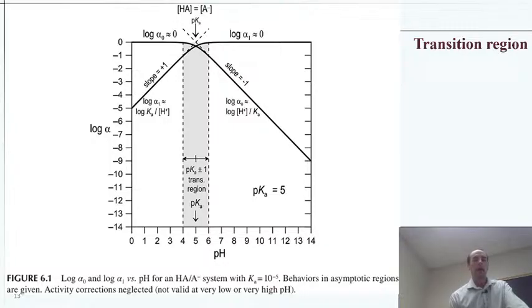So here's where we have the slope. It's 1 times log of H plus divided by some factor, or 1 times log of Ka divided by H plus.